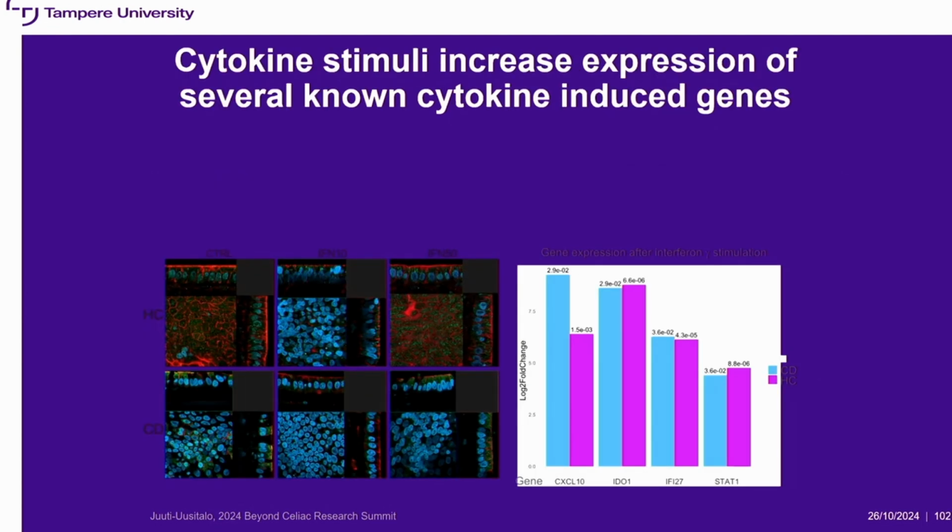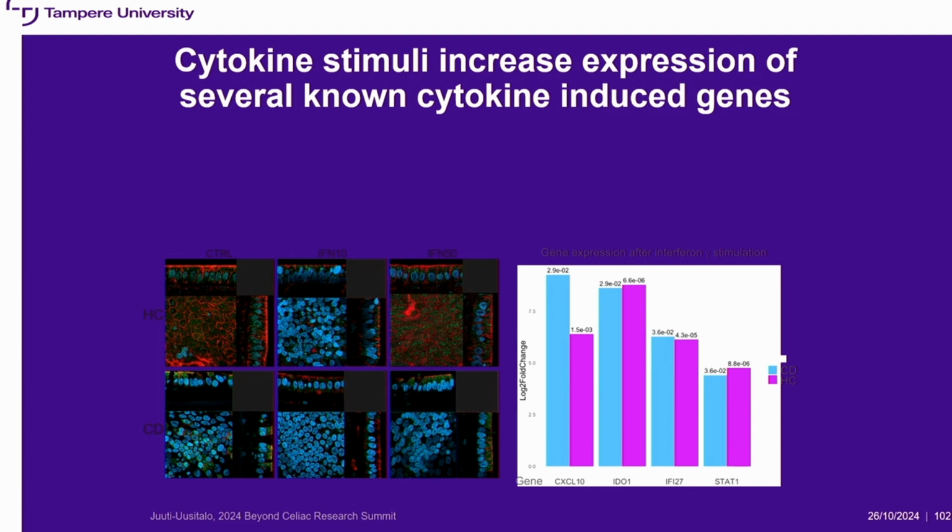And then when we had the cytokine stimuli for the celiac disease patient cells, we see that there is induction of the genes. Actually, I can't see the text. The text down there is missing.